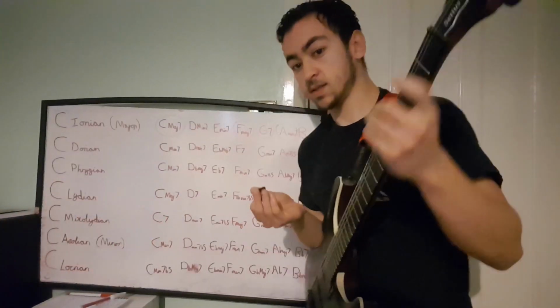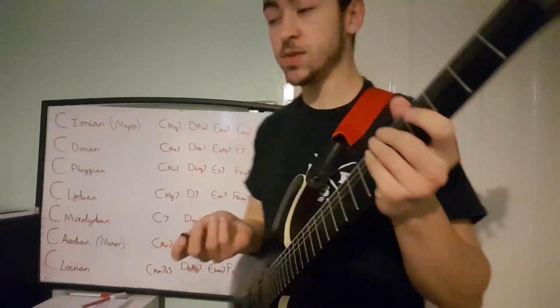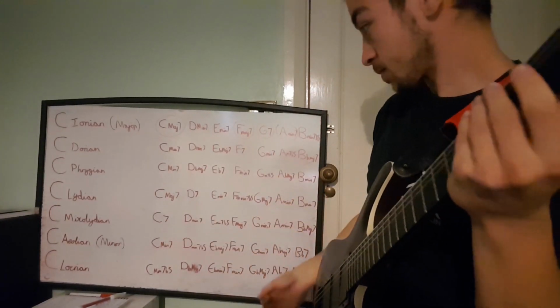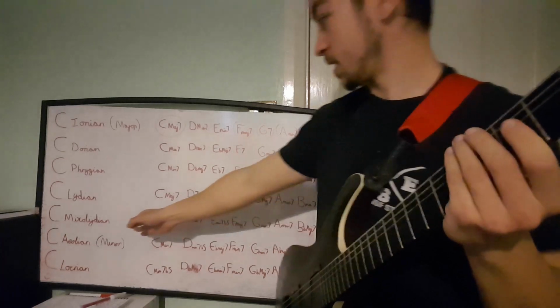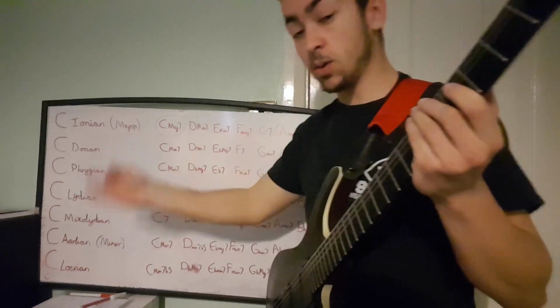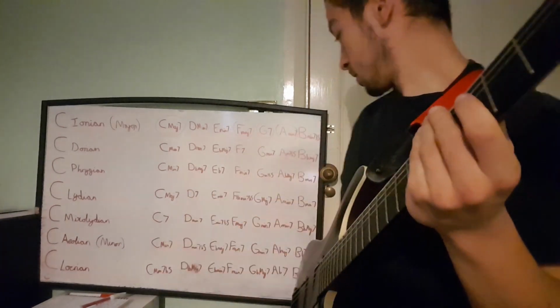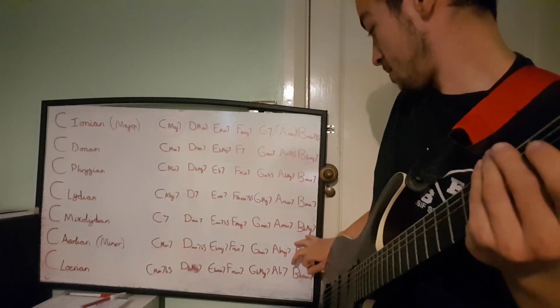So yeah, that's one example of how you can use that, and it's not limited to just major and minor scales. Let's take a Mixolydian, C Mixolydian chord progression. So I'm going to go from C7 to B flat major 7.